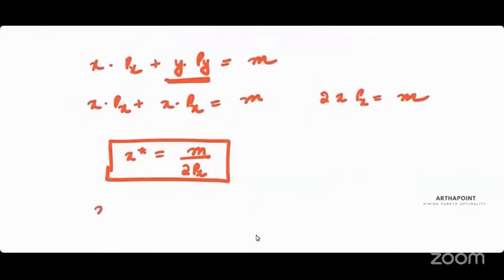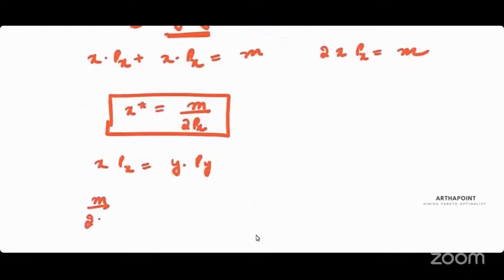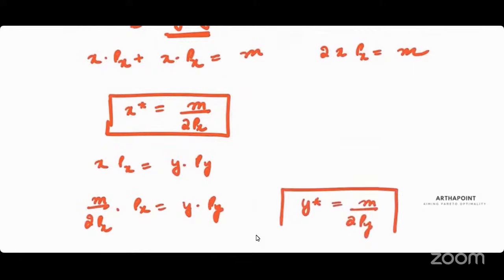And since XPX is equal to YPY, I will get M by 2PX into PX is equal to YPY. So I will get Y star is equal to M by 2PY.